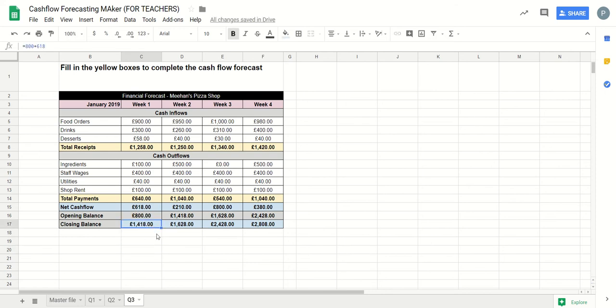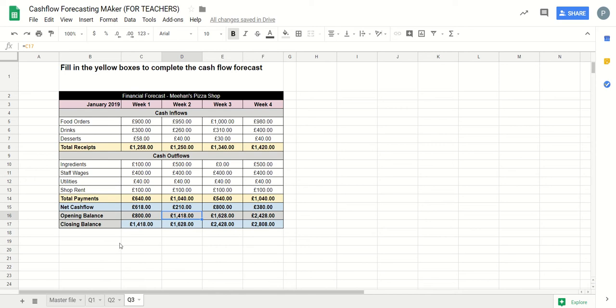We end up with 1,418. Okay, then you've got something called the opening balance for the next week, which will essentially be the closing balance from the previous week, and we're just carrying that forward. And then the whole process is repeated again.